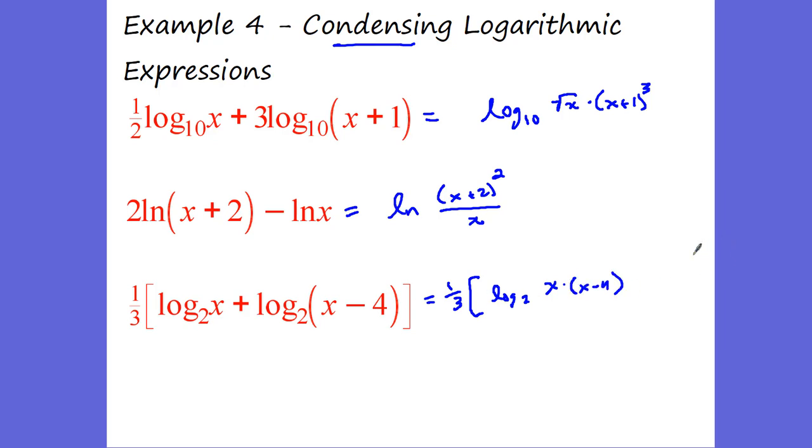And we have that 1/3 out front, in front of all of that. So what do we know about a 1/3? Multiplying is going to be a power to all of this inside here. Okay, and so that is going to be equal to log base 2 of x times x minus 4, and that's going to be the cubed root, or the 1/3 power, or the cubed root right there.